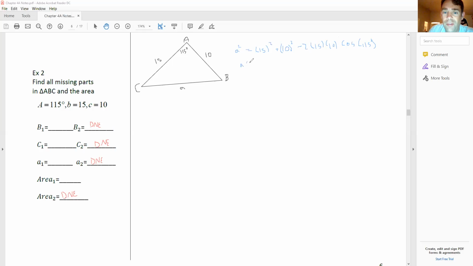And if you do that, friends, you find that A is going to be about 21.2552. So found that one first right there, 21.2552.